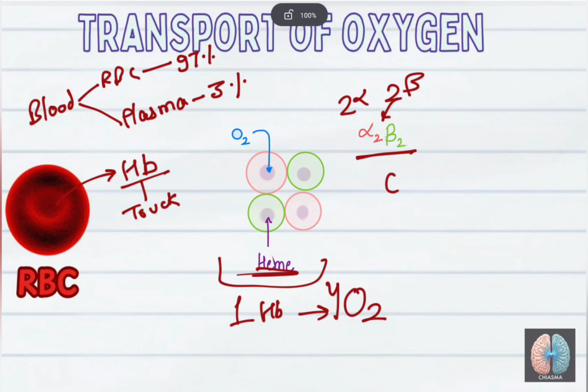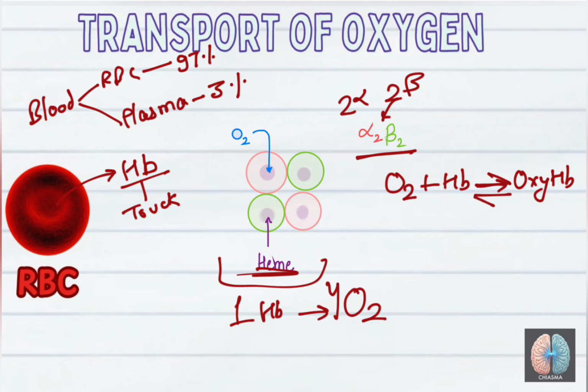This binding of oxygen plus hemoglobin leads to formation of oxyhemoglobin. This reaction is actually reversible. That is why when we need to dissociate the oxygen from the hemoglobin, it can happen, and when we want the oxygen to bind to hemoglobin, it can also bind. So that is why it is a reversible reaction.